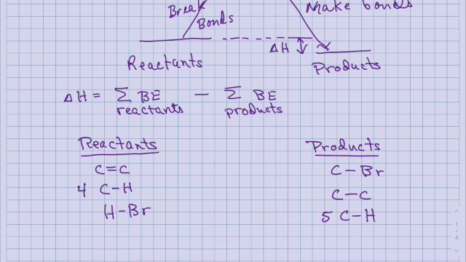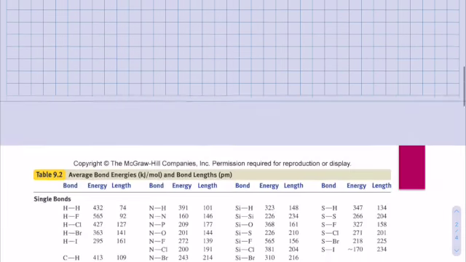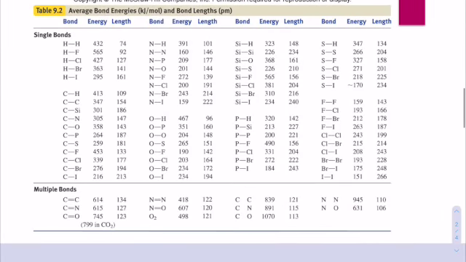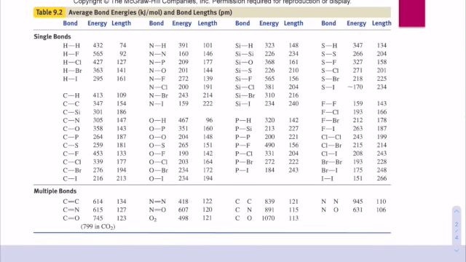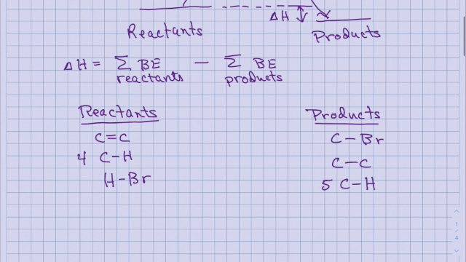So let's check this out. I've got a table. We're just going to note that the carbon-carbon double bond energy is 614 kilojoules per mole. So let's write that.